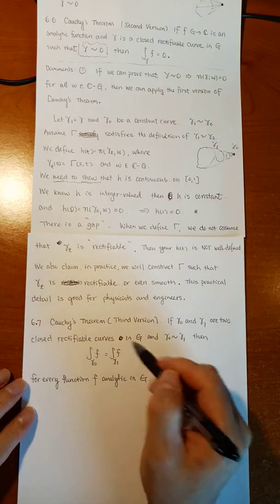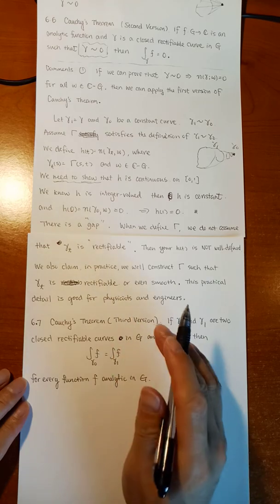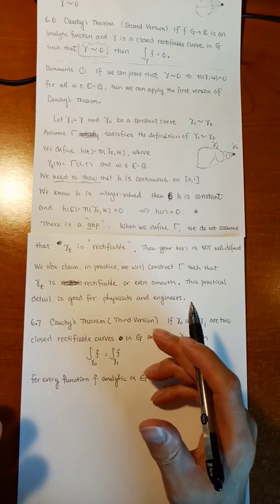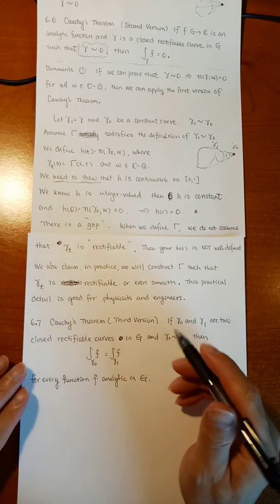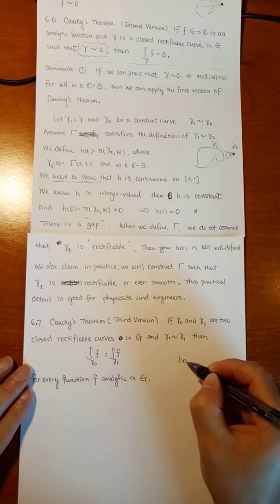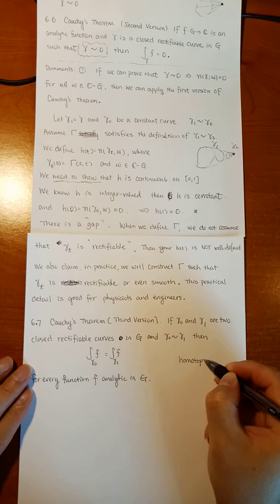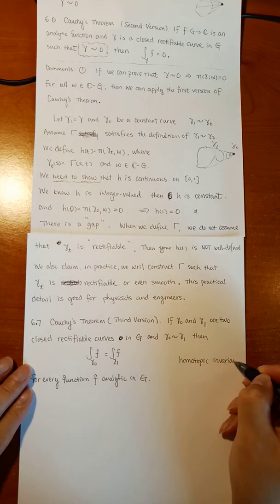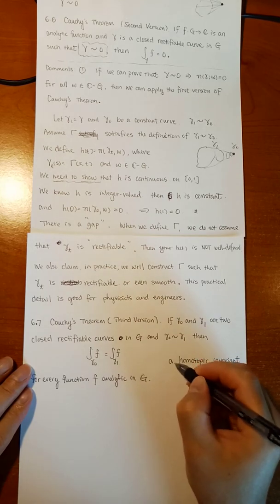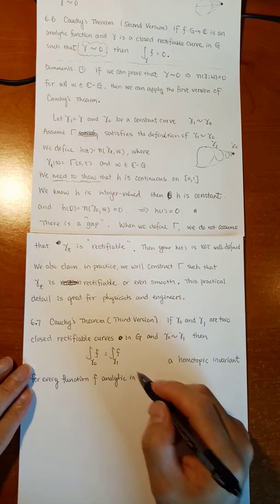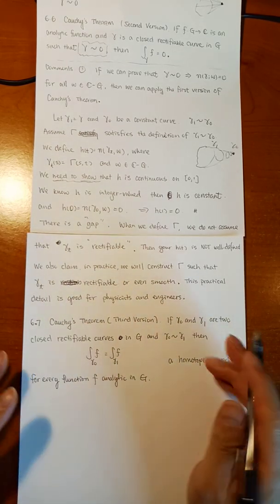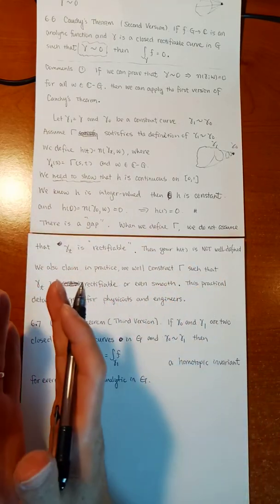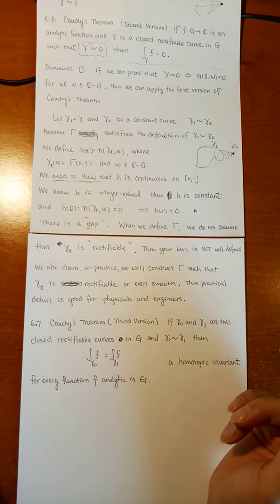All right, in the second version we get the quantity 0, but here we don't have quantity 0. Actually, we prove this integral is so-called homotopic invariant. The integral of f along gamma is a homotopic invariant. It does not change if you just continuously deform from one curve to another curve.